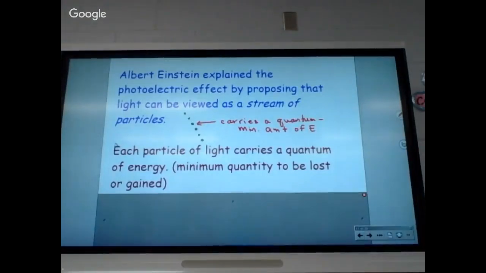Okay, does that make sense? Now, since I had that picture there, they would all be a quanta, because quanta is plural. And again, that stream would be striking a metal to hit and knock an electron loose.